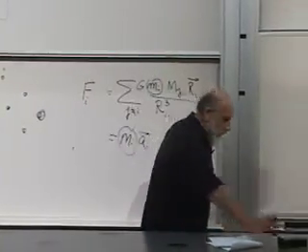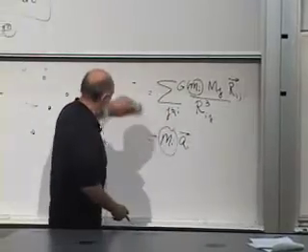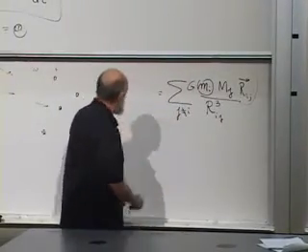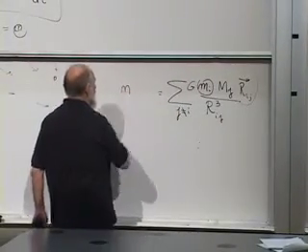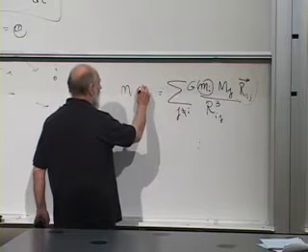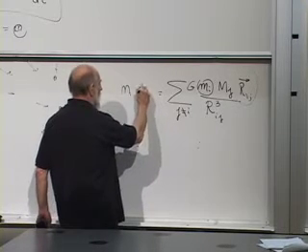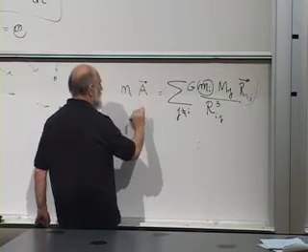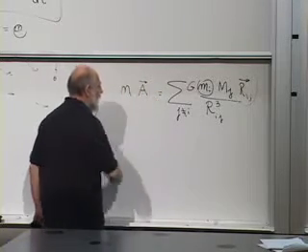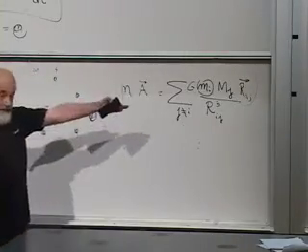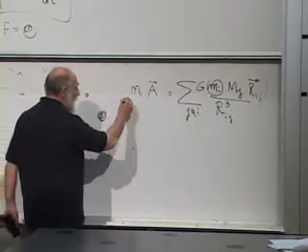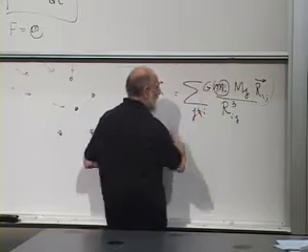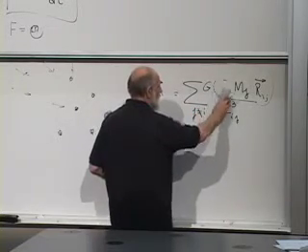Let's erase the intermediate step over here and write that this is m_i times a_i, but let me call it now capital A, the acceleration of a particle at position x, is given by the right-hand side, and we can cross out the m_i because it cancels from both sides.